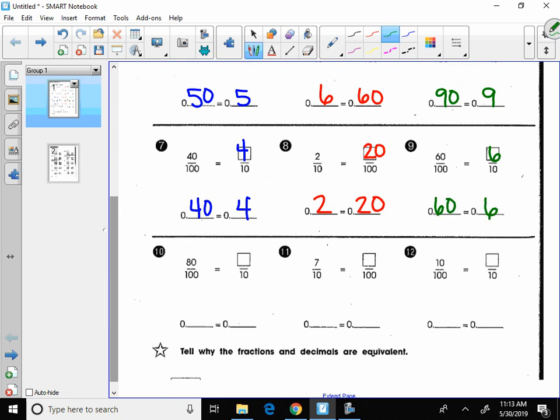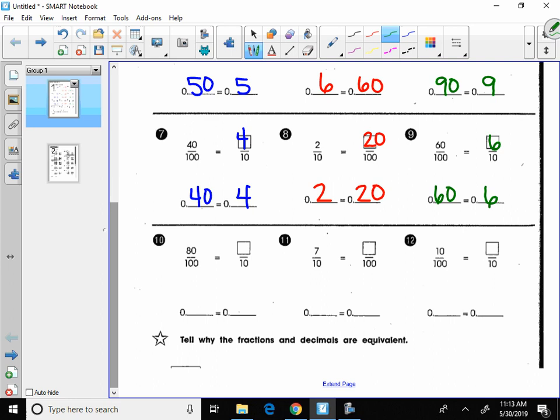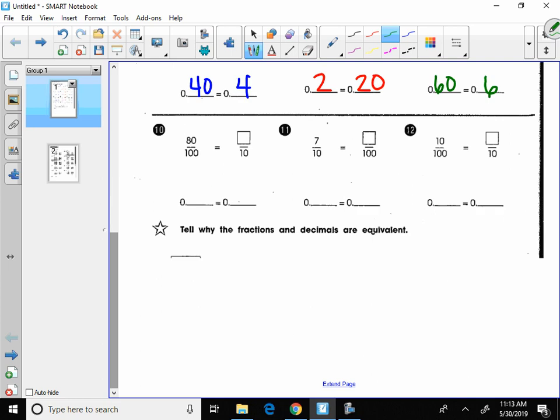Remember, you can always add a 0 after a decimal, and though it looks different on your eyeballs, it's really the same amount. Okay, 80/100 is 8/10. 7/10 is the same as 70/100, right? 7 strips is the same as 70 units. And 10/100 is the same as 1/10.